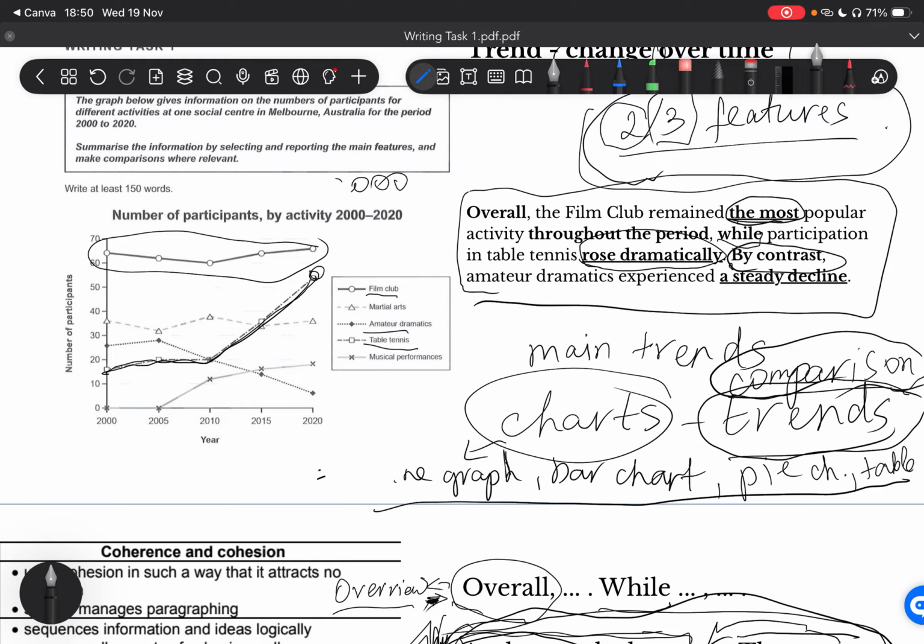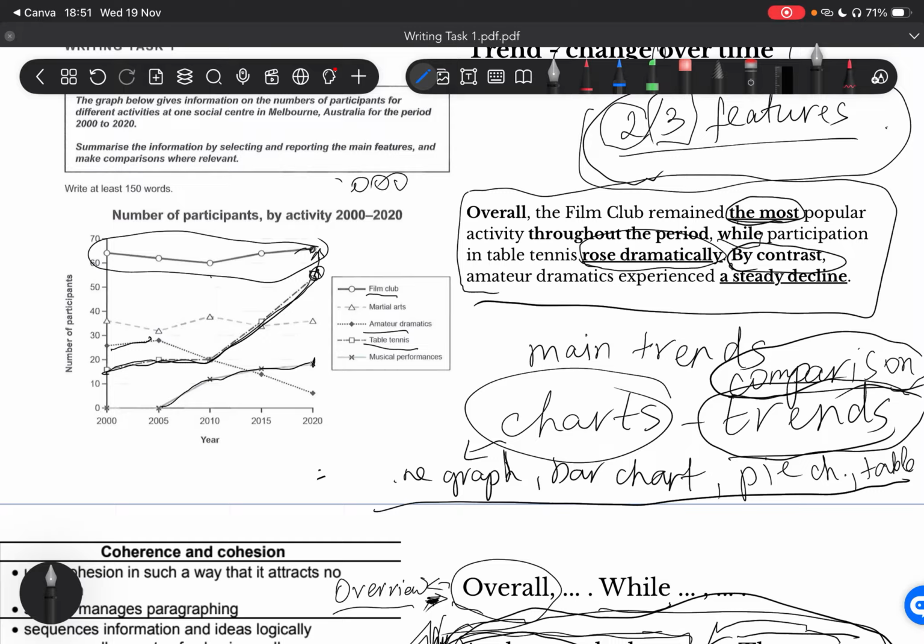Almost ended up reaching the most popular club. And we can also write about this here, that it's also increasing. And we can now, in main body 2, write about something the opposite of what we wrote. So we mentioned that all these three are having increase. So they have similar patterns.